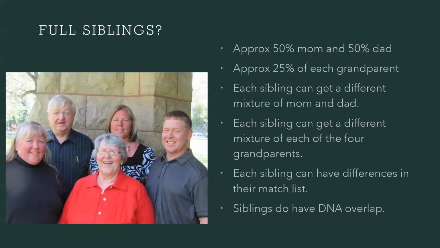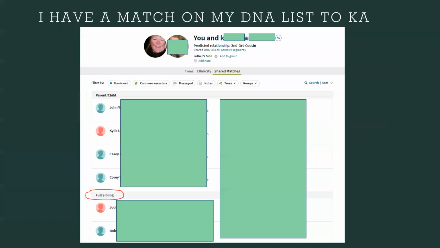So I'm going to show you a few things about that to get your head wrapped around the concept. I have a match on my DNA list, and I've labeled her as KA. Those are her initials. She's a predicted second to third cousin. When I look at the shared match tab, I see that she matches my dad, John. She matches my children.